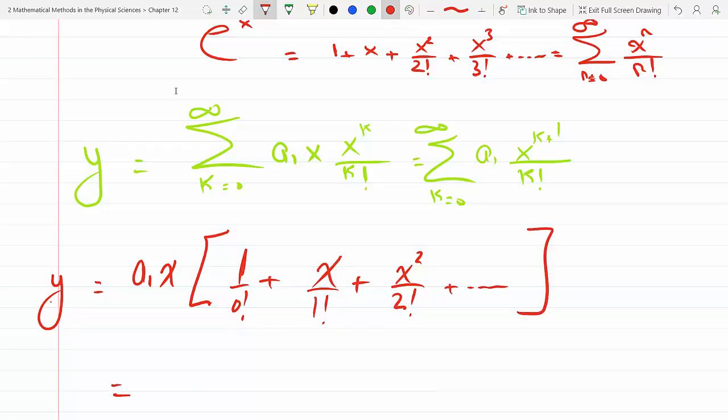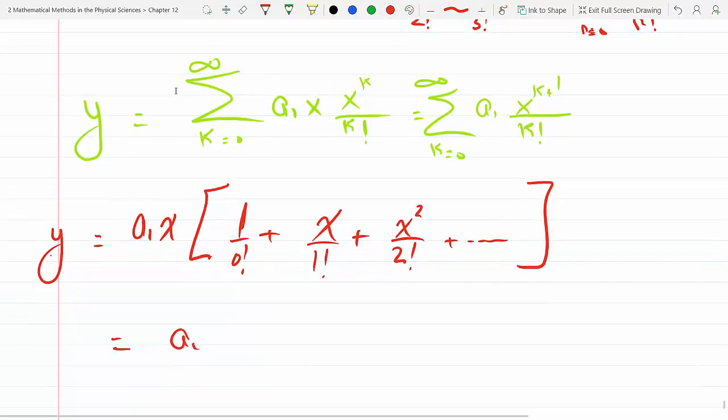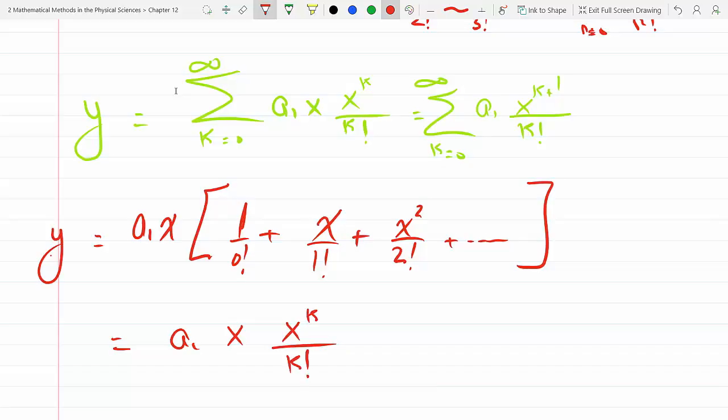So this is enough to see that this is the same thing as the green one, which is what I'm trying to show. This is going to be a1 x, and then I get x to the k over k factorial, starting from k equals 0 to infinity.